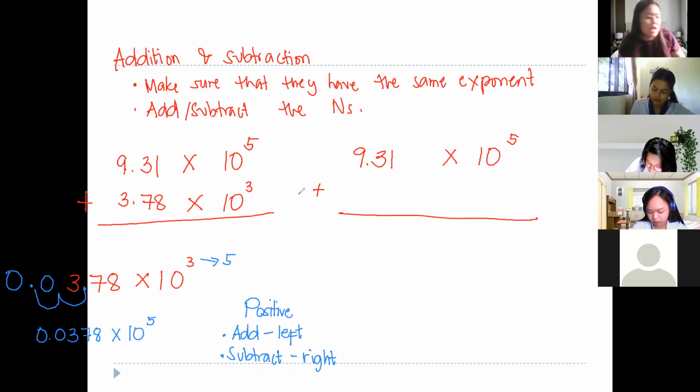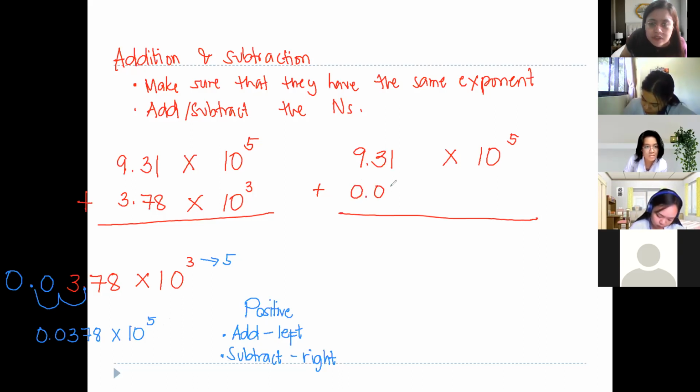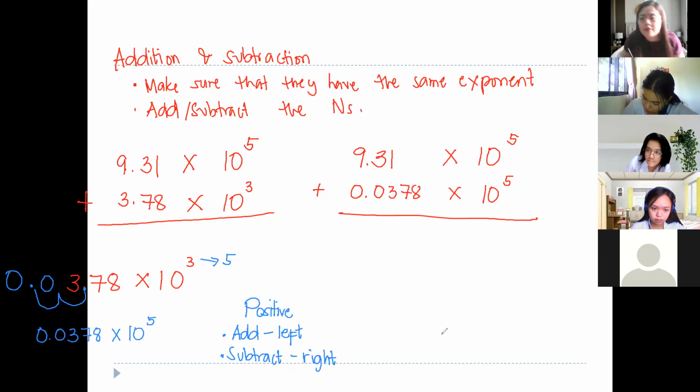It's okay even if it is not within 1 to 9, because we will only use it to do the operation. So we place our adjusted given here: 0.0378 times 10 raised to the power of 5. Now they have the same exponent. So we will just copy.